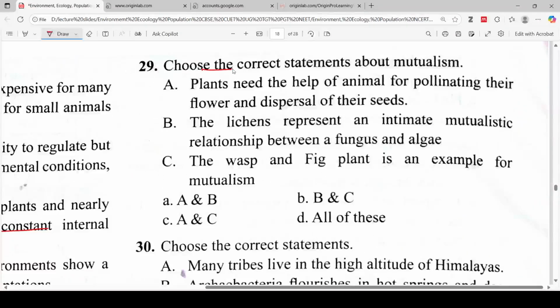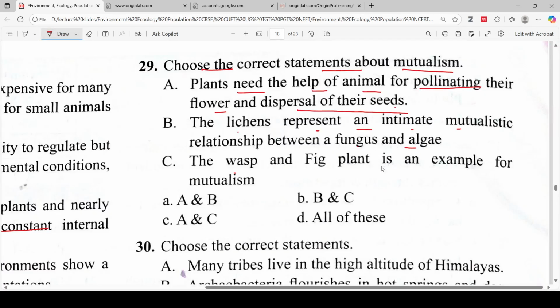Choose the correct statement about mutualism. Plants need the help of animals for pollinating their flowers and dispersal of their seeds. The lichens represent an intimate mutualistic relationship between a fungus and algae.